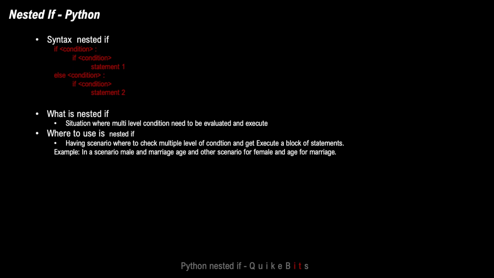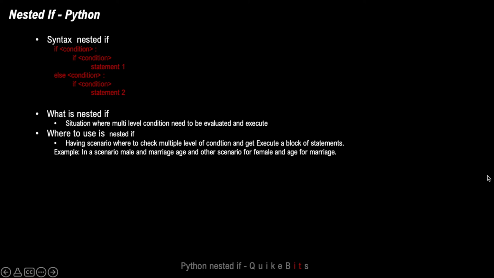So first you need to check whether they are male or female, then you need to check whether the age falls into that particular limit or not. In those kinds of scenarios, we need this multiple level if statement.